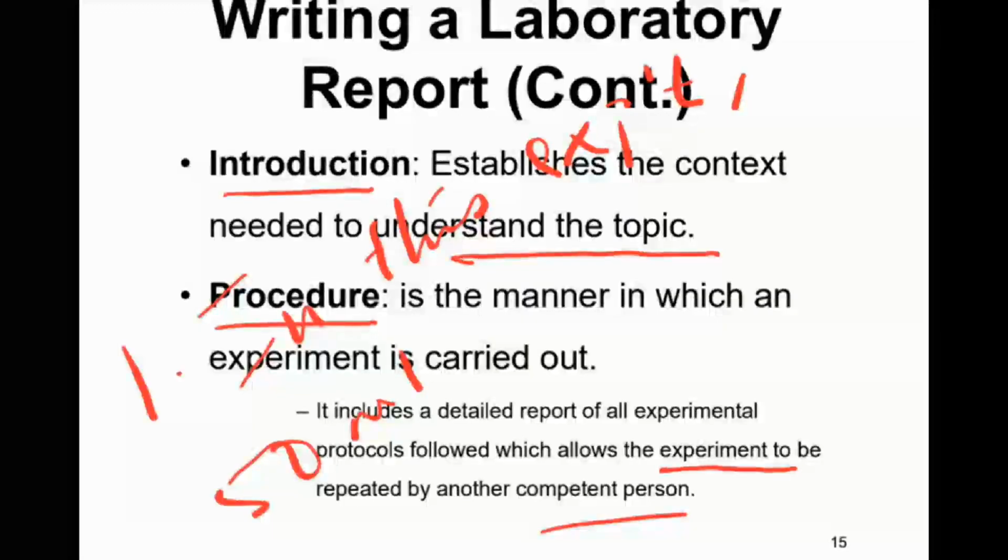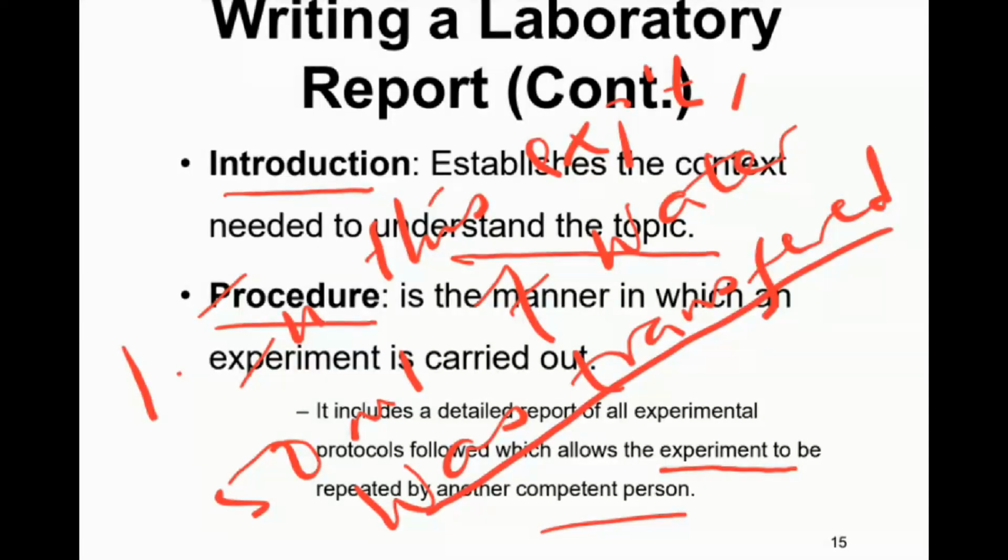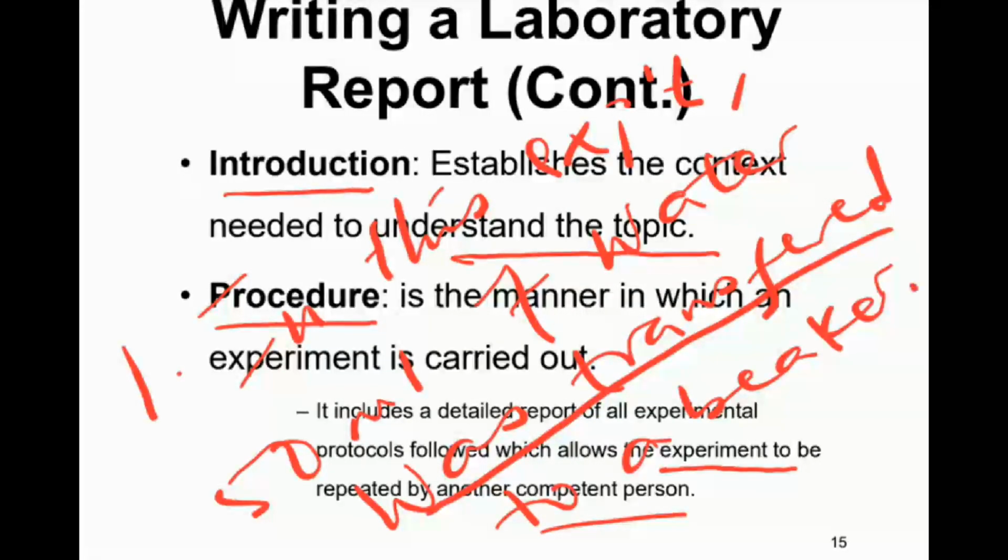So 50 ml of water was transferred to a beaker. This is how you should write your procedure. So you have to use passive form when you are reporting, and remember to avoid subject.